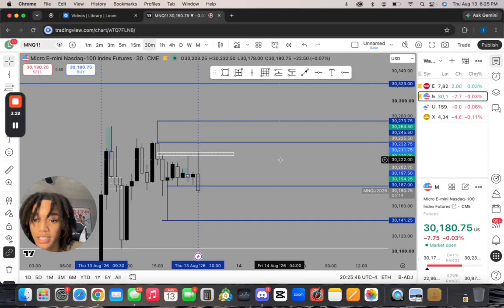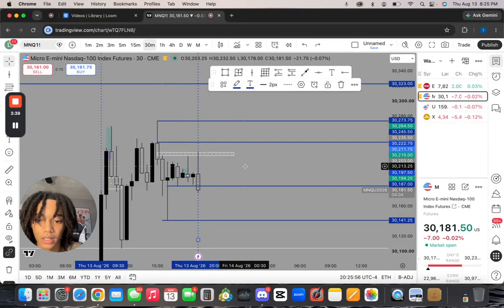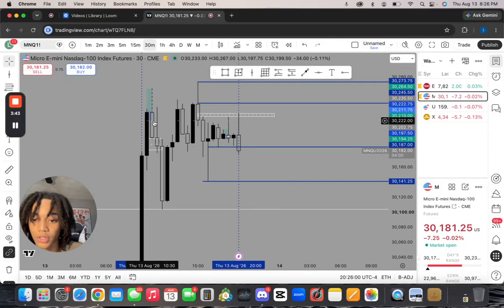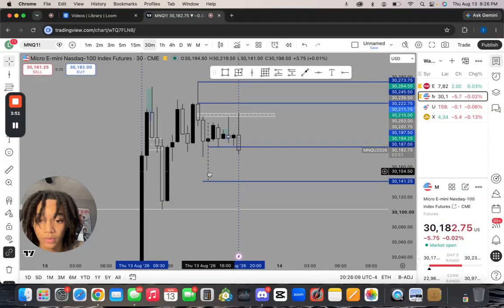Since price has failed to push past this, and we have this sweep of liquidity, price has shown me that it potentially would like to do a little more retracement. We retraced here, came back up, consolidating. This looks like some sort of 4 o'clock wick, news wick, anything like that.